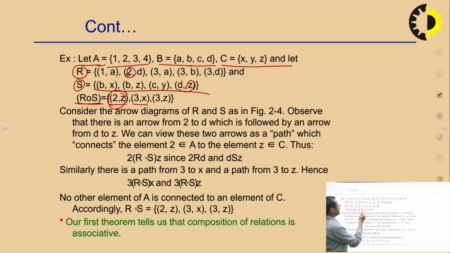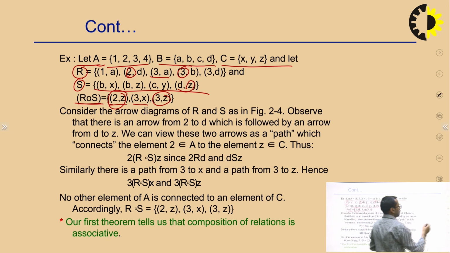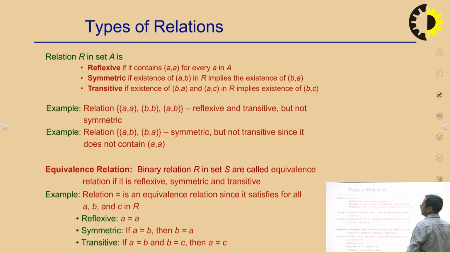For 3a, a does not exist, so we use 3b. b exists, so we use 3b, bz, 3z. These are the examples of composition of relation.